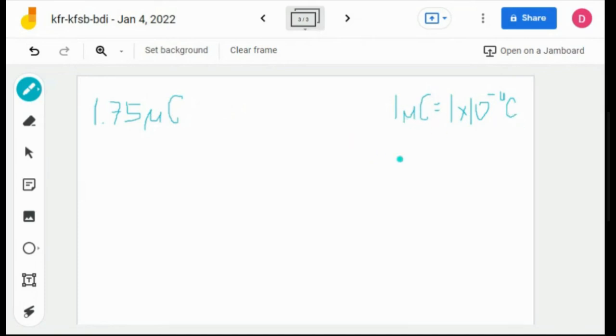So let's convert 1.75 microcoulomb to coulombs. We have here 1.75 microcoulomb times 1. So in every 1 microcoulomb, we have 1 times 10 to the negative 6 coulombs. So this one will cancel out.